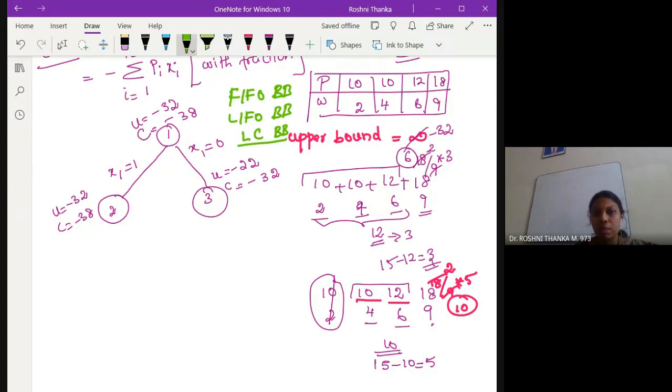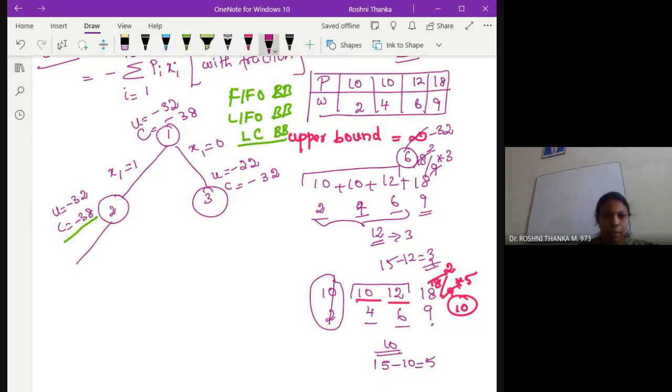Out of all these branch and bound methods, we are going to proceed with the least cost method. If you consider these two, the cost of the second node is minus 38 and the cost of the third node is minus 32. Who got the lesser cost? In this case, it is this one. So now we are going to proceed with the second node.